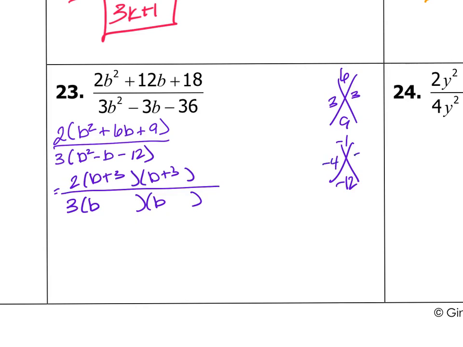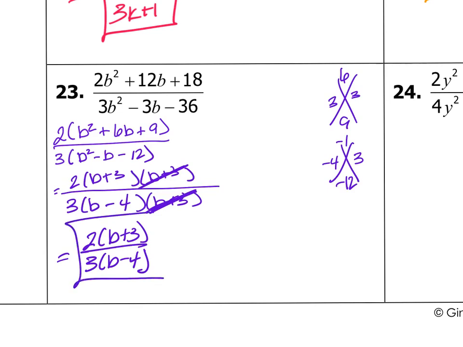Negative 4 and 3. So I have b plus 3 on bottom, so I can cross off b plus 3 on top. And my answer is going to be 2 times b plus 3 divided by 3 times b minus 4. There's my answer.